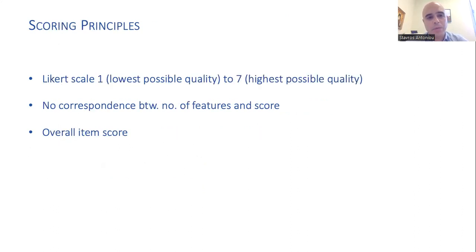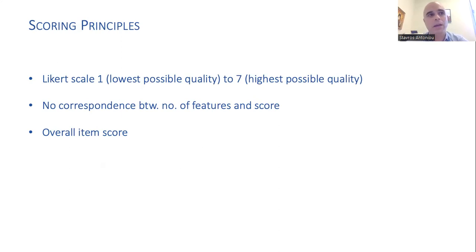So the scoring principles in the AGREE-S appraisal tool, similar to AGREE II, use a Likert scale from 1 to 7. 1 indicates the lowest possible quality, 7 indicates the highest possible quality. And there's no correspondence between the number of features that receive a high score, or a score higher than a threshold, and the overall score of the guideline.